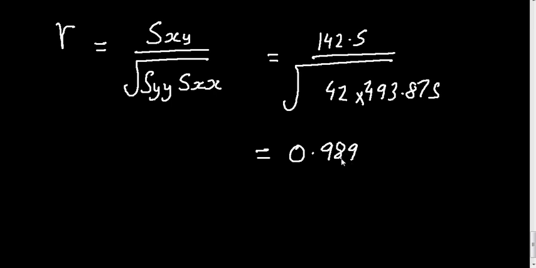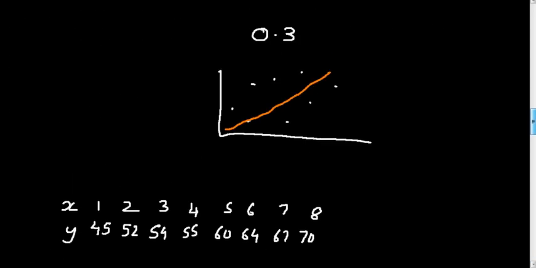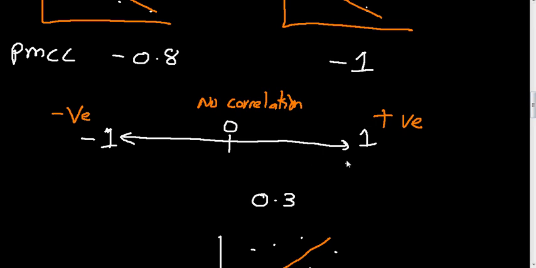So that's a very, very strong positive correlation. Remember the range of values that r could be. r could be anything from -1 to +1. If it's +1, it's a perfect positive correlation.